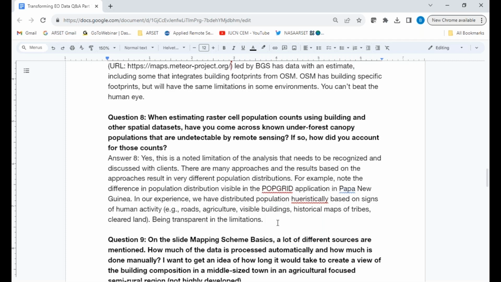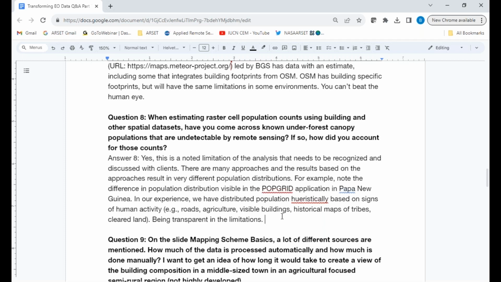So anyway, the question is what have we done in those situations? I think Papua New Guinea was a good example for us where we had to throw up our hands and rely on some more statistical methods.